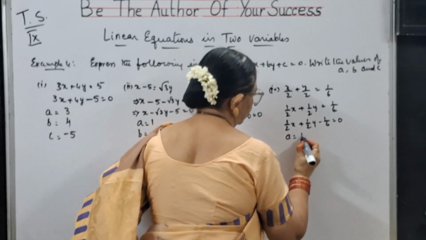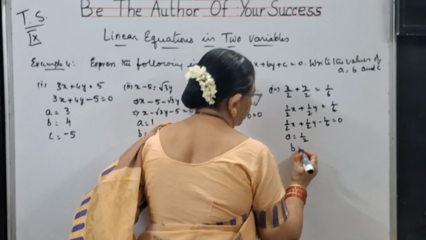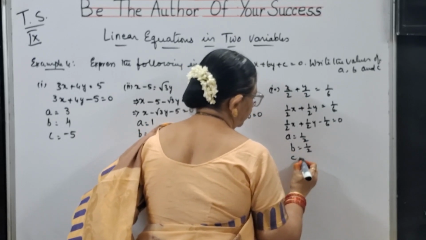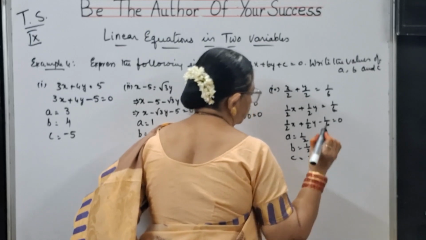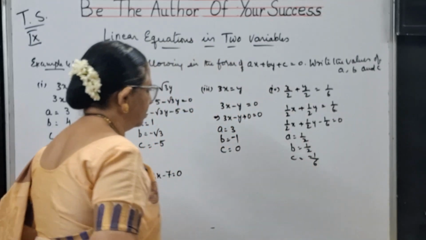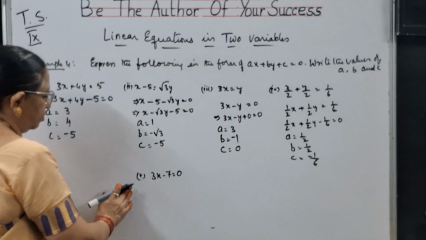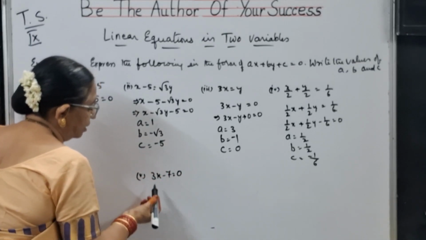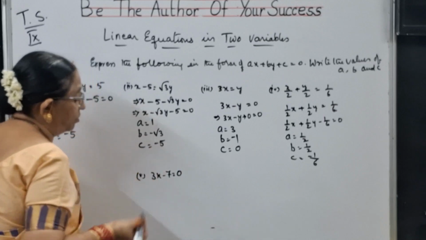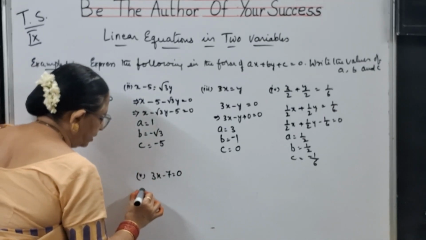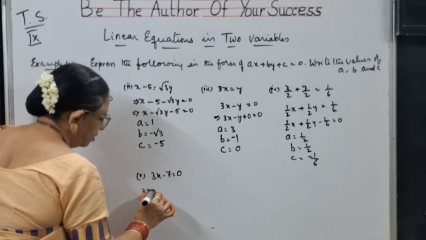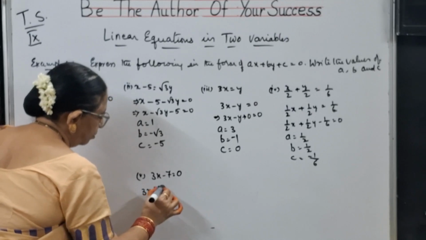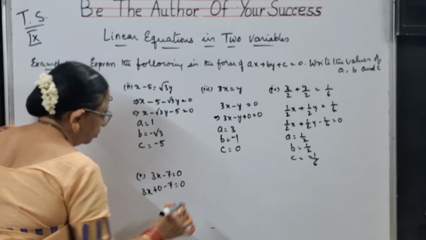So a is equal to 1 by 2, b is equal to 1 by 2, c is equal to minus 1 by 6. Next, fifth problem. 3x minus 7 is equal to 0. So in this case, ax is there, y value is not there. So you will write it as 3x plus 0y minus 7 is equal to 0.